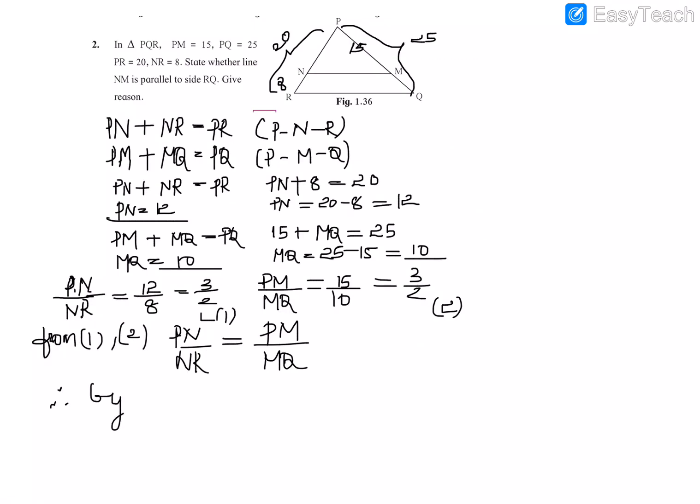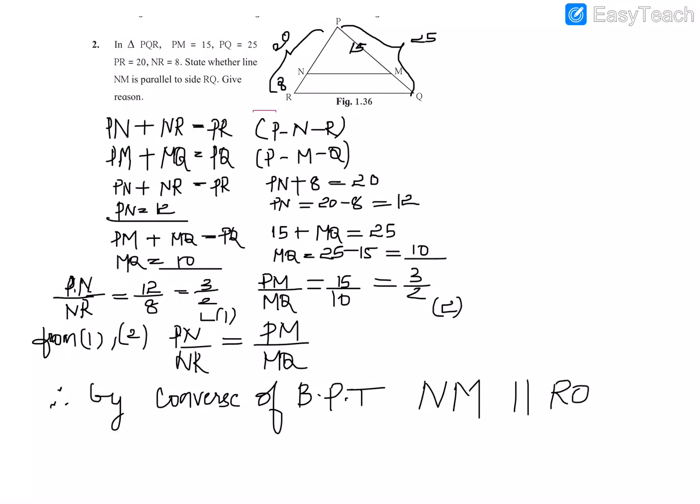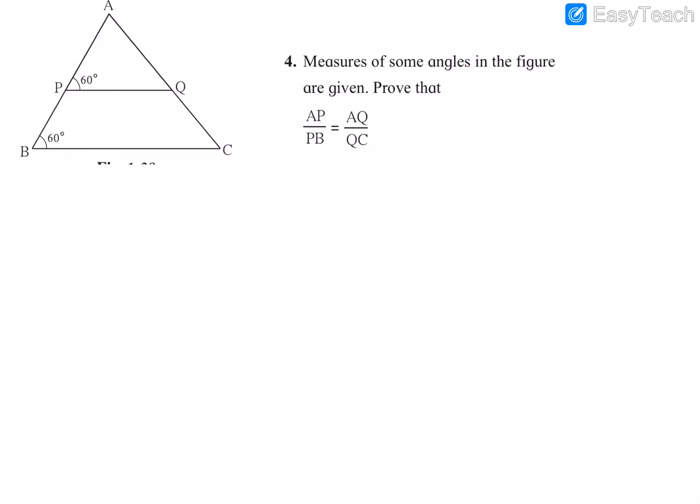So therefore, by converse of basic proportionality theorem, BPT, we can write the line NM is parallel to RQ. That was asked in the question: side NM is parallel to the side RQ. Hence the problem is solved here.